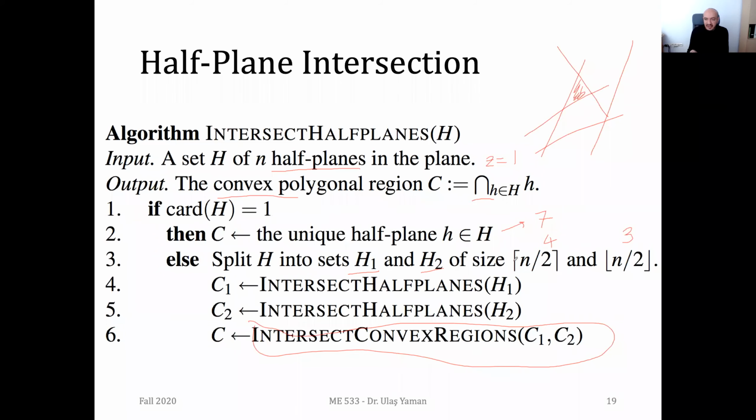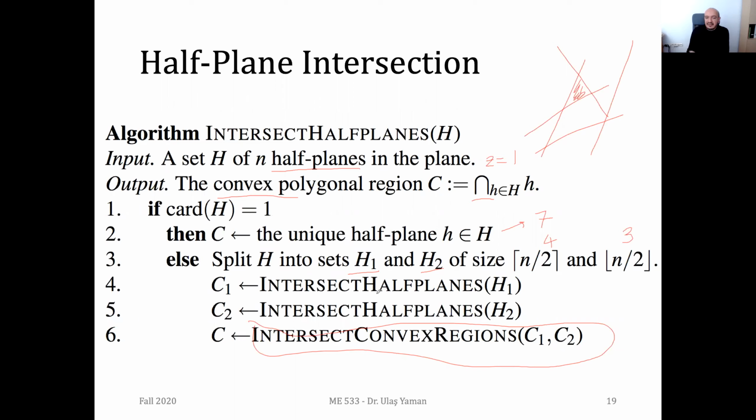So the first one will have 4, and the second one will have 3 half planes. Then we compute the intersection of these half planes first for H1, which is 4, and then we do the computation for H2. Their results will be stored into C1 and C2 respectively, right?